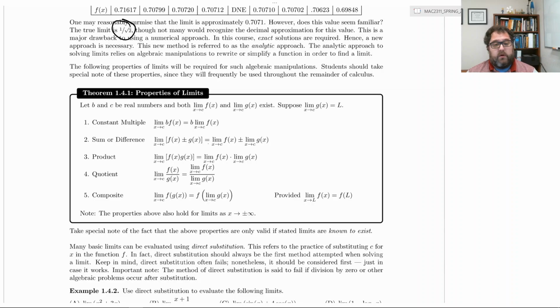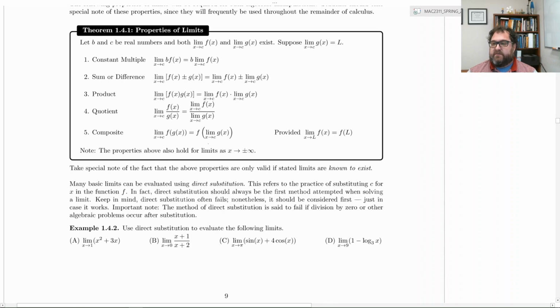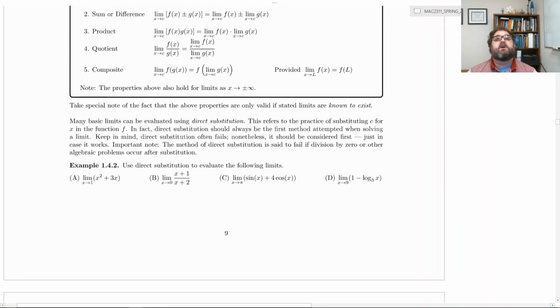Okay, so let's look at a couple examples. Actually, let's first talk about your first approach. If you're tasked with finding a limit analytically, your first approach should always be this right here: direct substitution. Now, I'll tell you this, it's almost always going to fail.